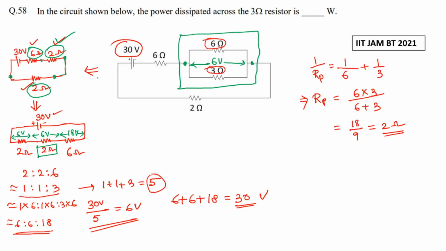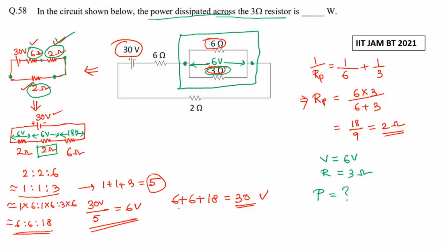So the voltage difference across this 3 ohm resistor is 6 volt. So we get V equals 6 volt, R equals 3 ohm, because we need the power dissipation across only the 3 ohm resistor, right? So we have V equals 6 volt, R equals 3 ohm, and we need to find P.